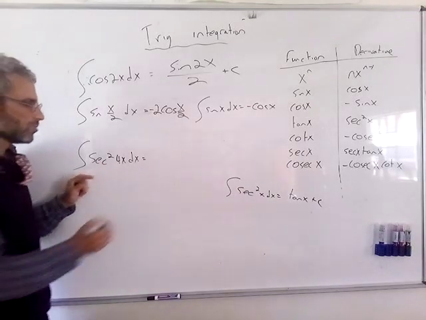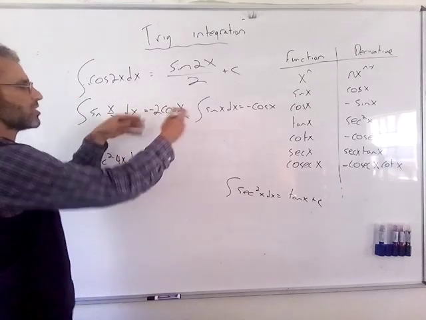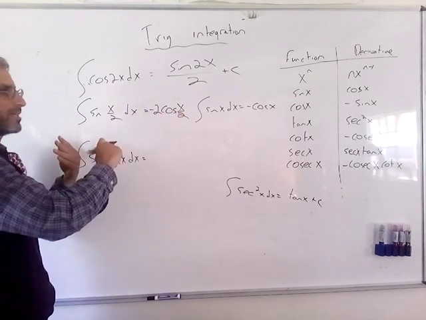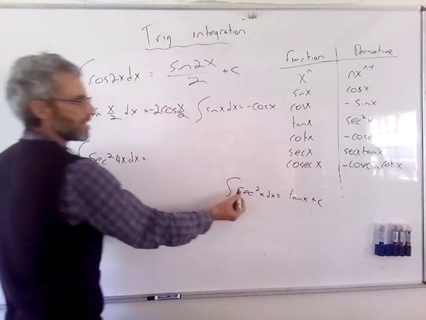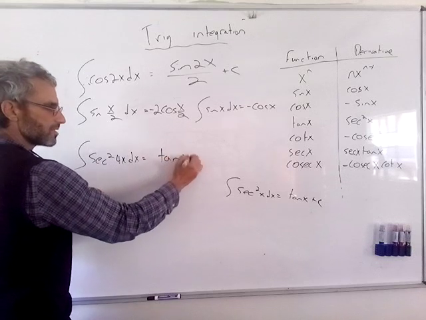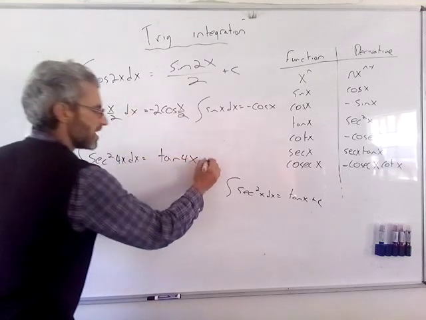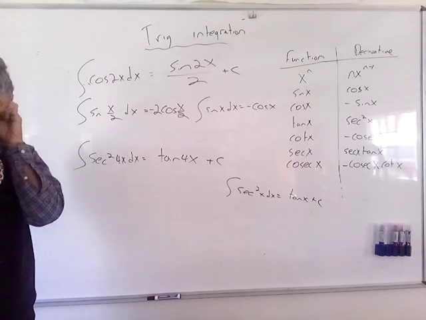We can already guess what the function is going to be. We're always just dividing or multiplying by something. So what will the trig function be? Sec becomes tan, so it will be tan 4x, plus c, and we're going to have a multiple here. What do we need to multiply or divide by?